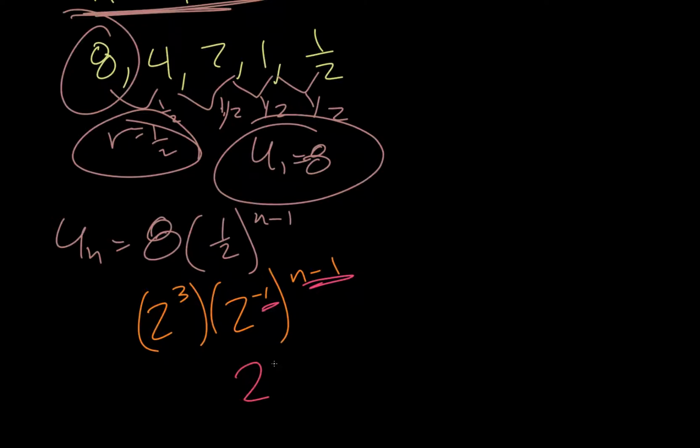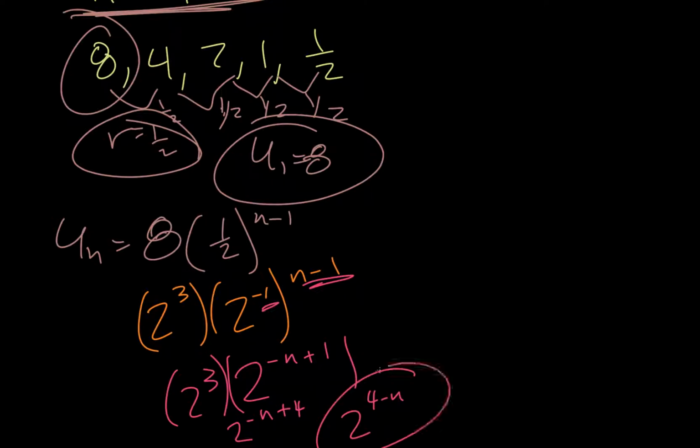So we get 2 to the negative n plus 1. And then we still have 2 to the 3. And then we're supposed to add these exponents. And so we get 2 to the negative n plus 4, which we could reorder to make it look a little bit nicer, and so they use that as their formula.